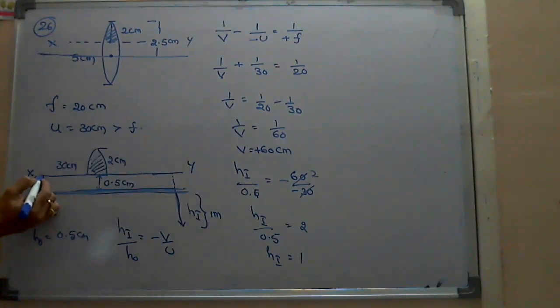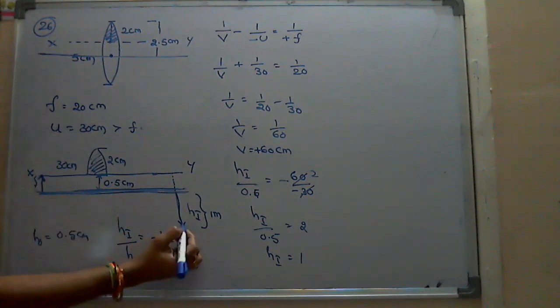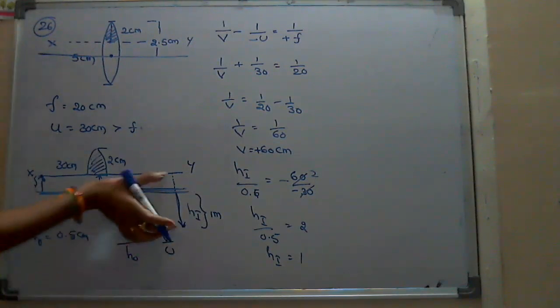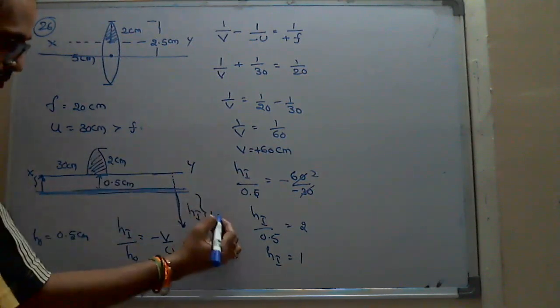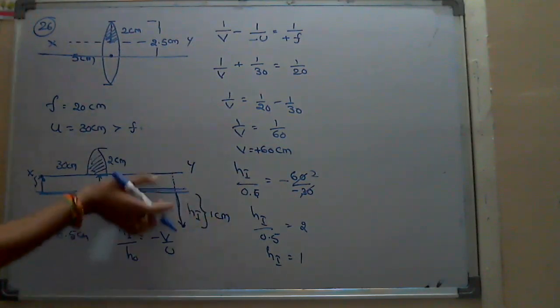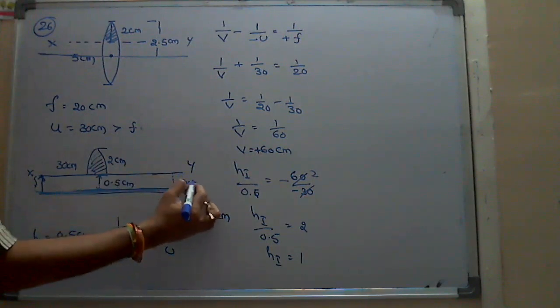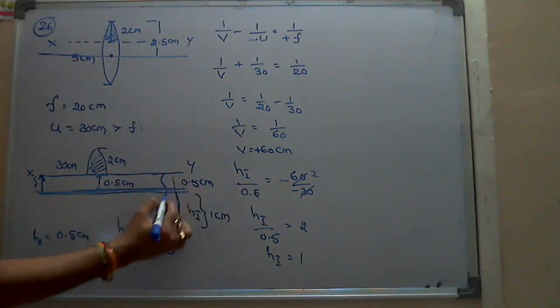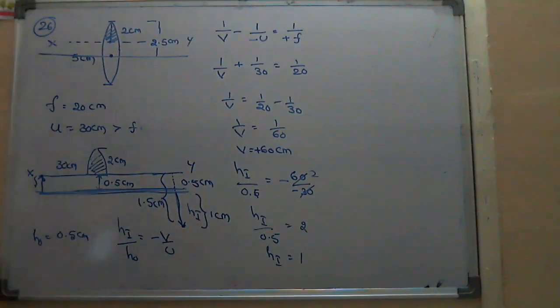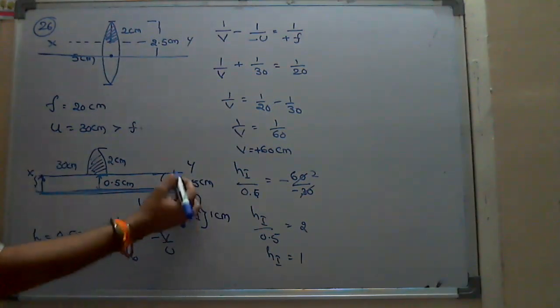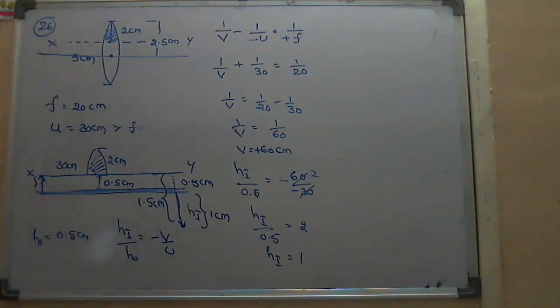The head means the original point we are considering is formed here at a distance of 1 centimeter, and this is 0.5 centimeter. So all together, this will be 1.5 centimeters. So you can say the image of that point object will be formed at a distance of 1.5 centimeters below the XY line.